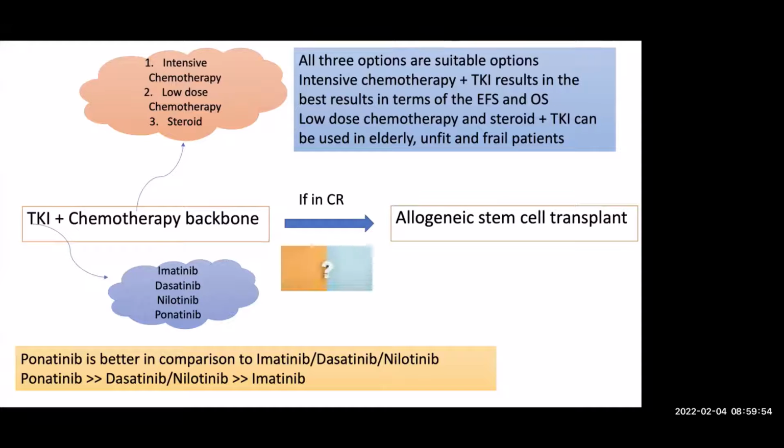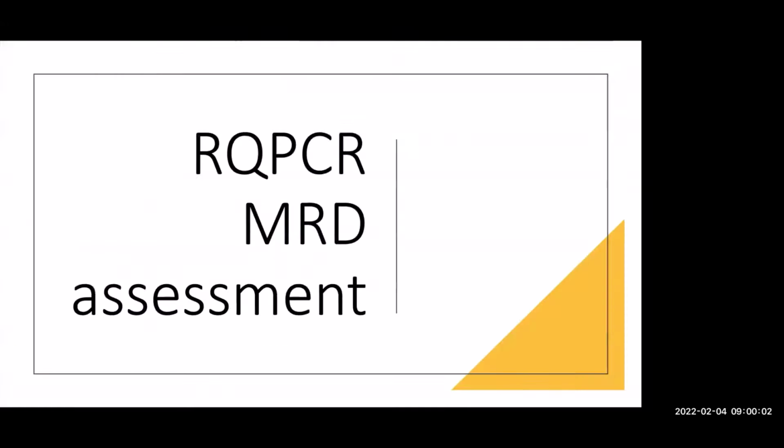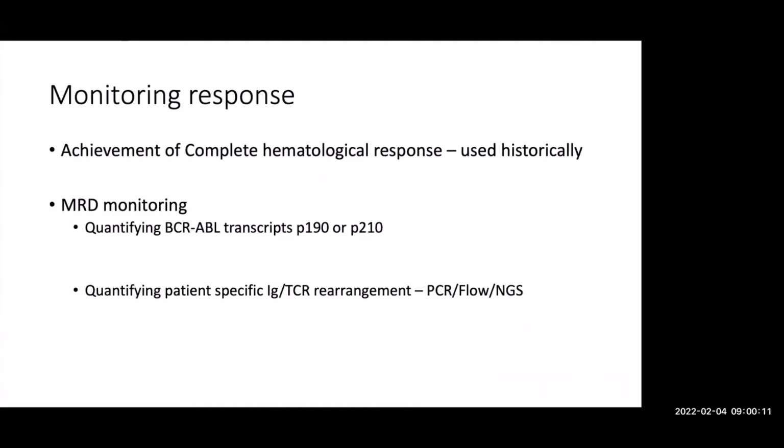Now, we will look at the treatment in another aspect, whether we can modify the treatment based on the response the patient has developed. That was assessed using the RQPCR minimal residual disease assessment.